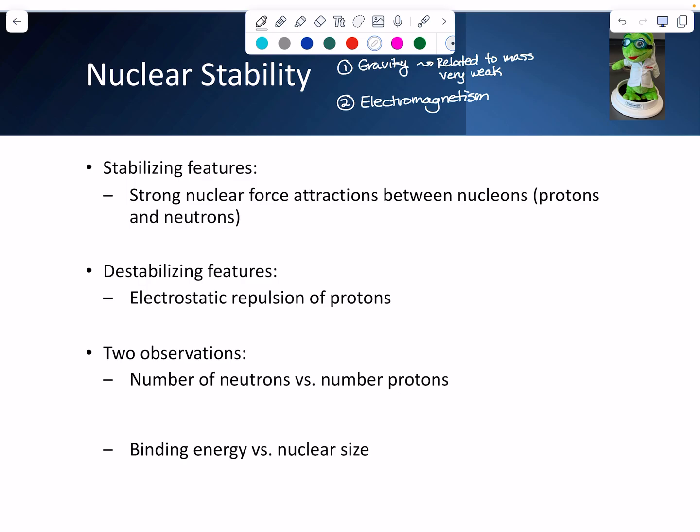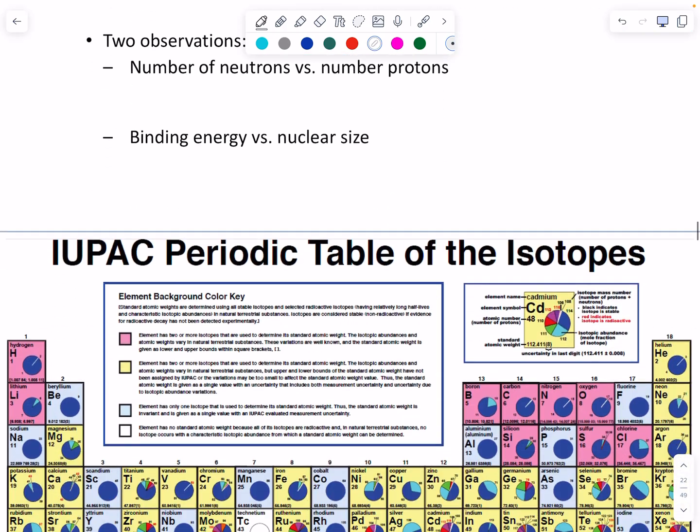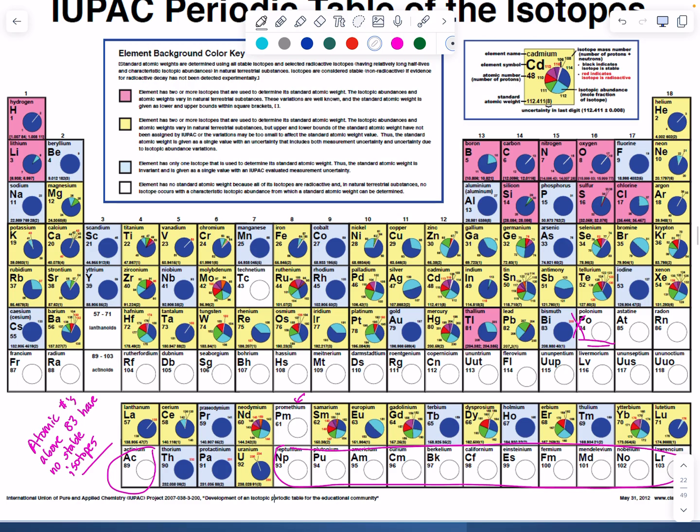So why we have isotopes that we see and can analyze when we take samples of elements, and why there are other elements where their nuclei aren't stable and these things decay. That's what radioactivity is. It's when nuclei decay and break down into something else, okay?